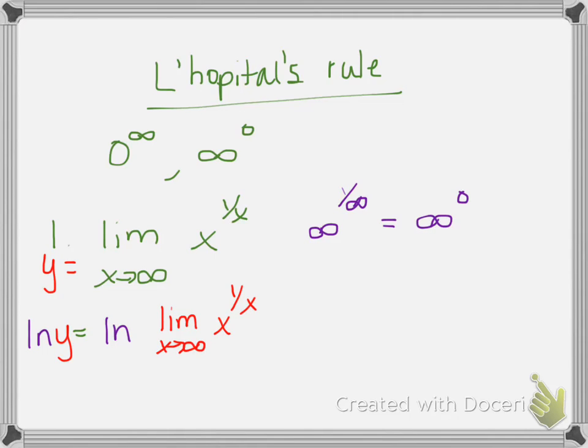If you take the natural log of one side, you have to take the natural log of the other side. Now, the good thing about natural logs is that whenever you have a natural log of something, the power can come in front, or you can bring that power down. So this becomes natural log.